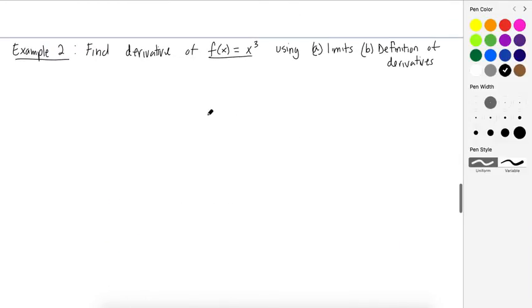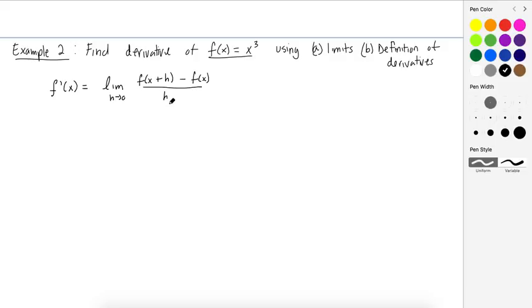So let's look at f prime of x, the first derivative of the function f with respect to x. Using the definition, it is going to be the limit as h approaches 0 of f of x plus h minus f of x, all divided by h.